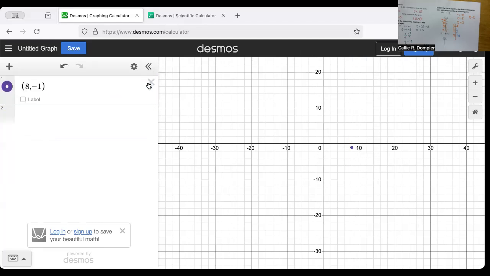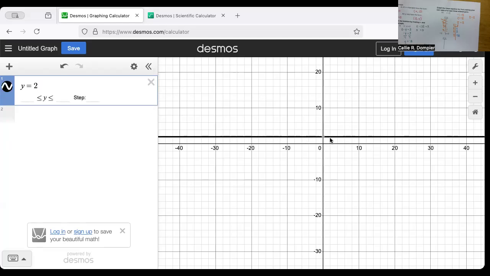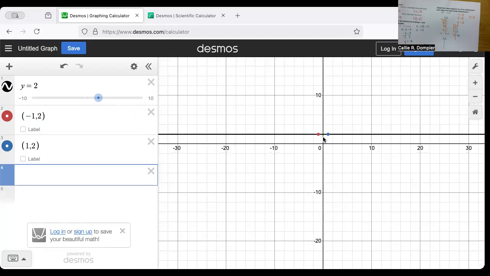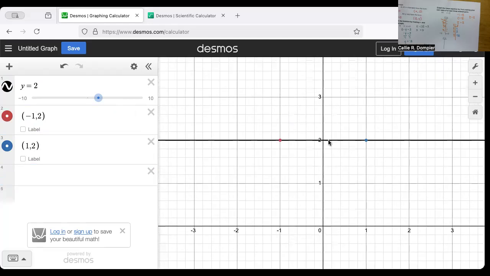The next one they're going to ask us about is y equals 2. What do we see for y equals 2? It's always horizontal. It crosses at 0, 2, but it's also true for -1, 2. It's also true for 1, 2. It's true for any point where y is equal to 2.